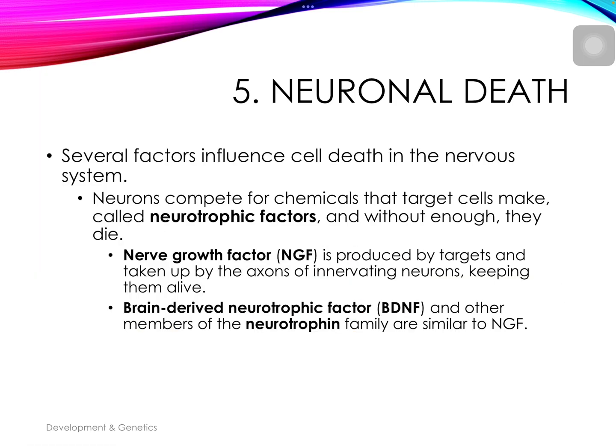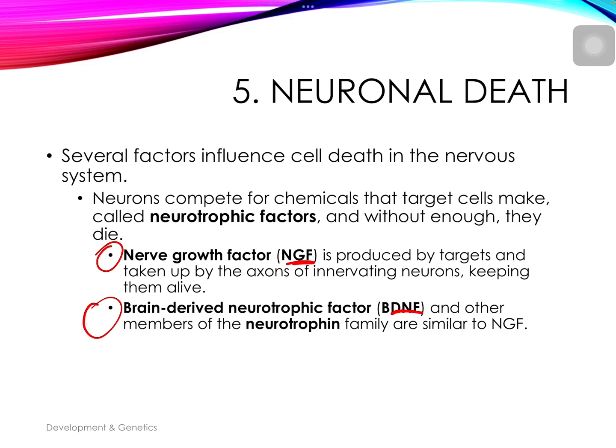One of those is lack of nutrients, lack of what we refer to as neurotrophic factors, which are chemicals that are necessary for the survival of the neuron. In two of these examples, we have the nerve growth factor, NGF, and then we have the brain-derived neurotrophic factor, which is BDNF.